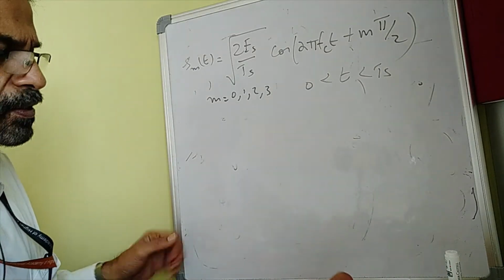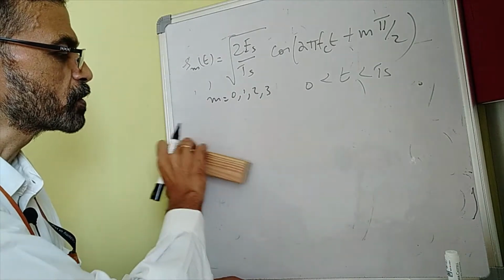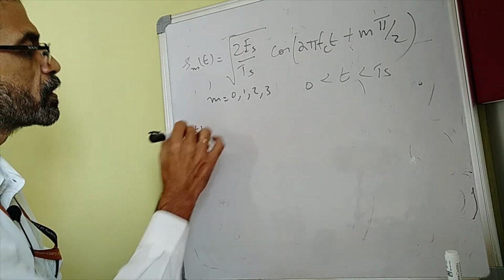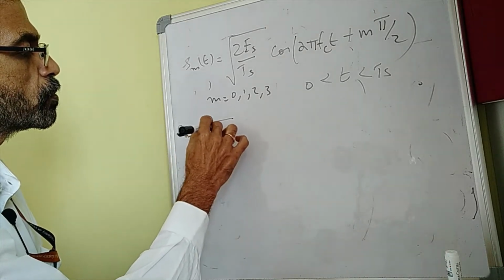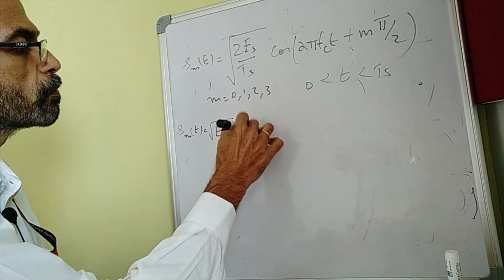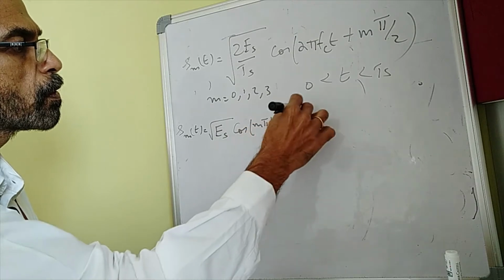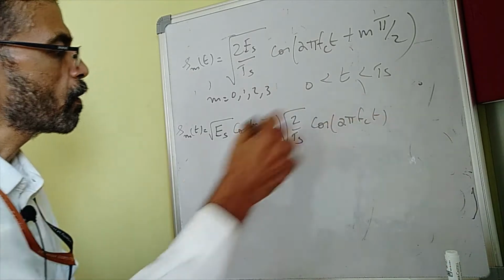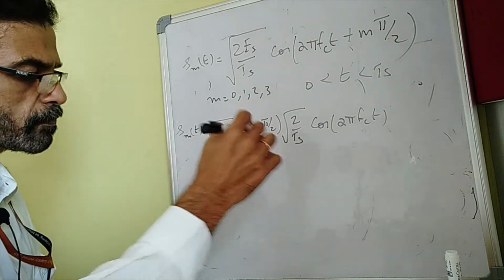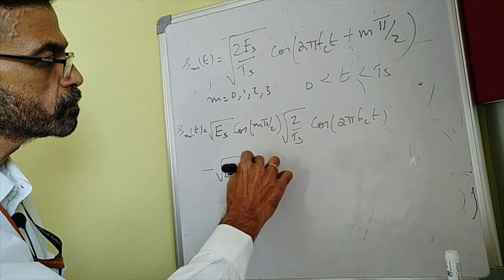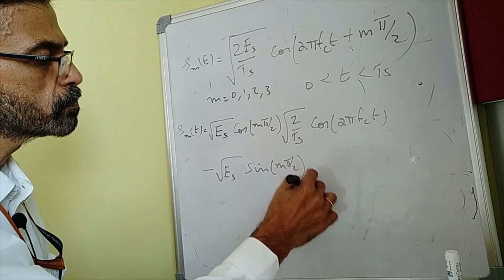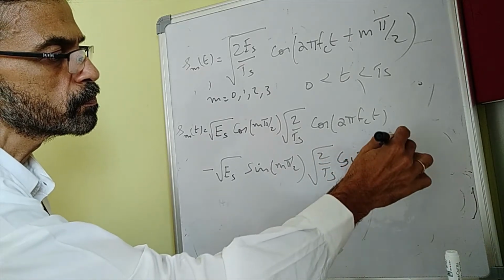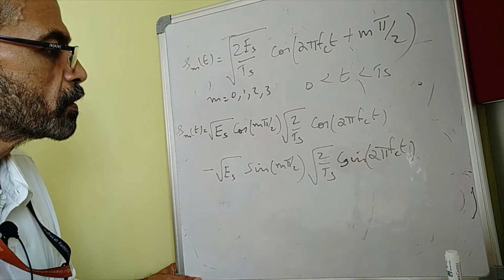And as we did earlier when we started the analysis of QPSK, we can use the trigonometric identity and rewrite this like this.